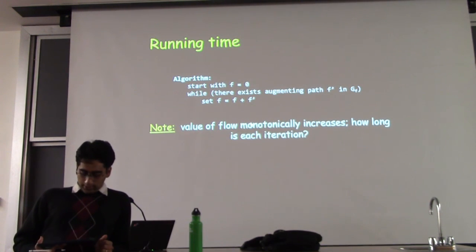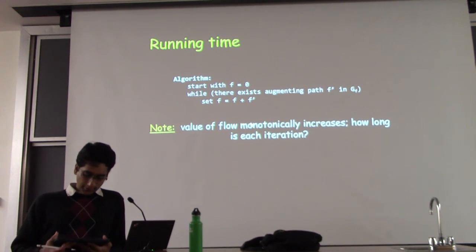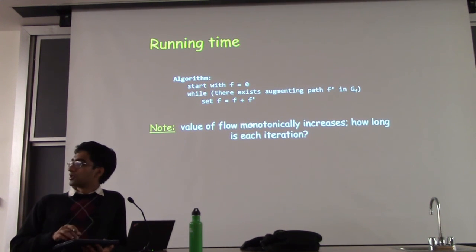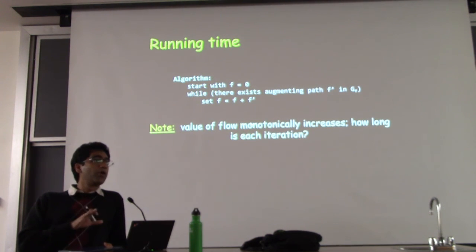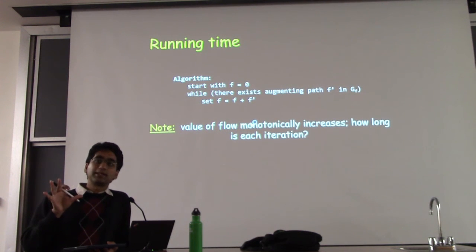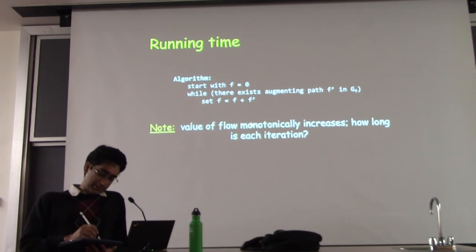So what's the running time of this algorithm? How would we go about analyzing this? Actually, how long does computing an augmenting path take, like one step of this? So this was the algorithm.